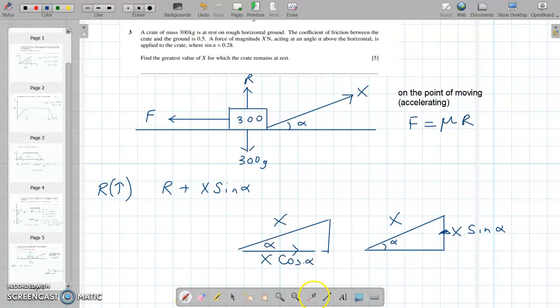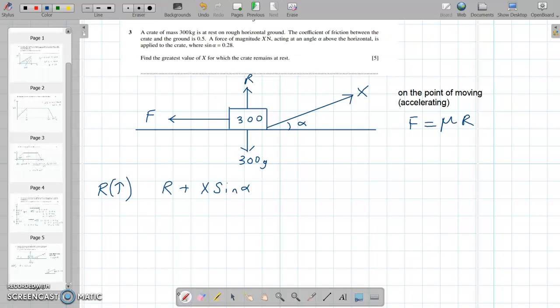If we wanted to know the horizontal component, because the angle is small, it's got a bigger horizontal component. It's going to be the hypotenuse times cos alpha, because it's the adjacent.